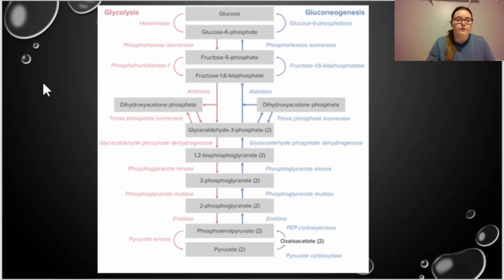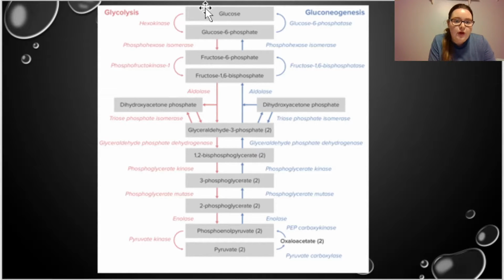Just as I said before, this is an overview of how glycolysis and gluconeogenesis are the exact opposites of each other. Glycolysis is in red on the left side. It starts out with a molecule of glucose, and we follow the red arrows all the way down to the bottom to form the 2 molecules of pyruvate.